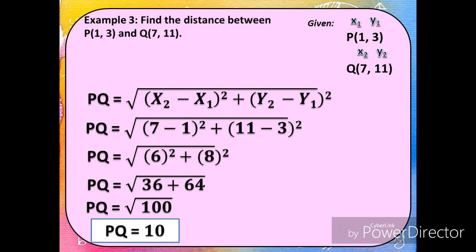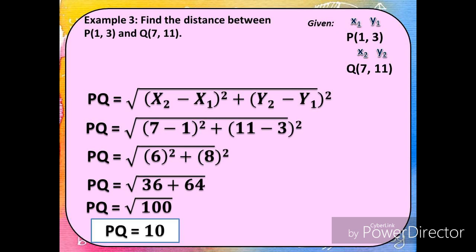Okay, example number 3. Find the distance between the point P, positive 1, positive 3, and point Q, positive 7 and 11. So in our given, 1 is x sub 1, y sub 1 is 3, x sub 2 is 7, y sub 2 is 11.